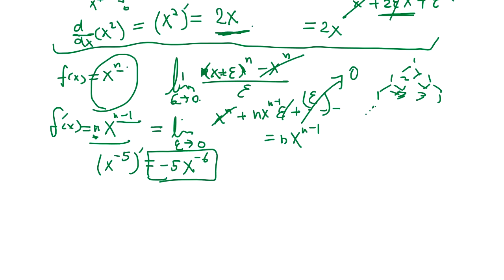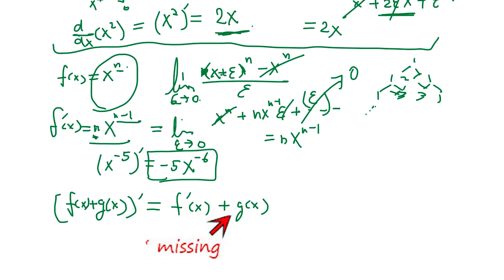Now we can prove that for f(x) plus another function g(x), the sum of the functions, the derivative is going to be the derivative of each function. So if you have f(x) is 3x squared plus 2x plus 1, we can take the derivative of this, the derivative of this, and the derivative of those.